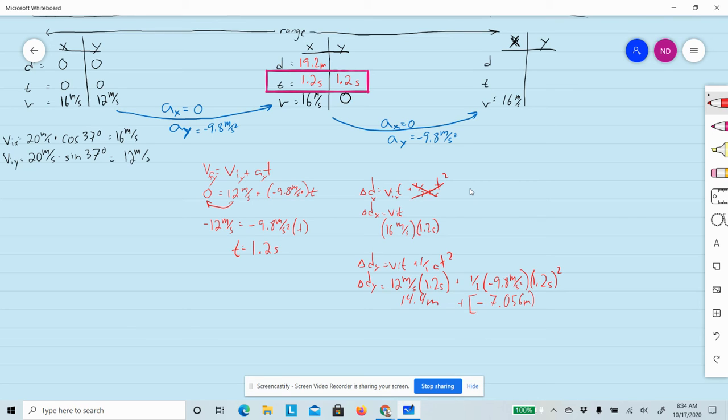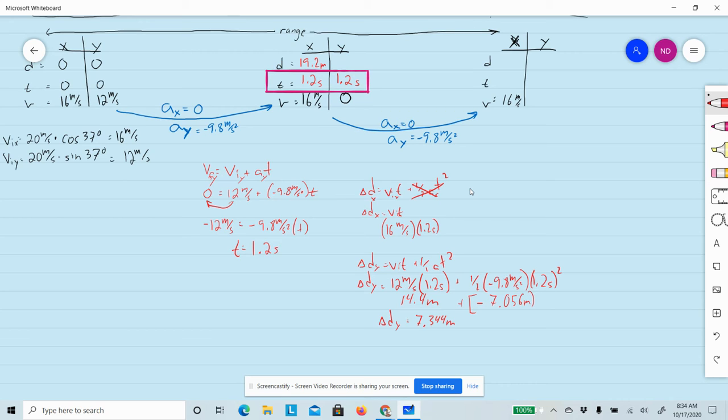meters, plus negative 7.056. Delta dy, this is all dy, 7.34 meters. I've got too many significant numbers in there, so we'll just go to 7.3 meters.